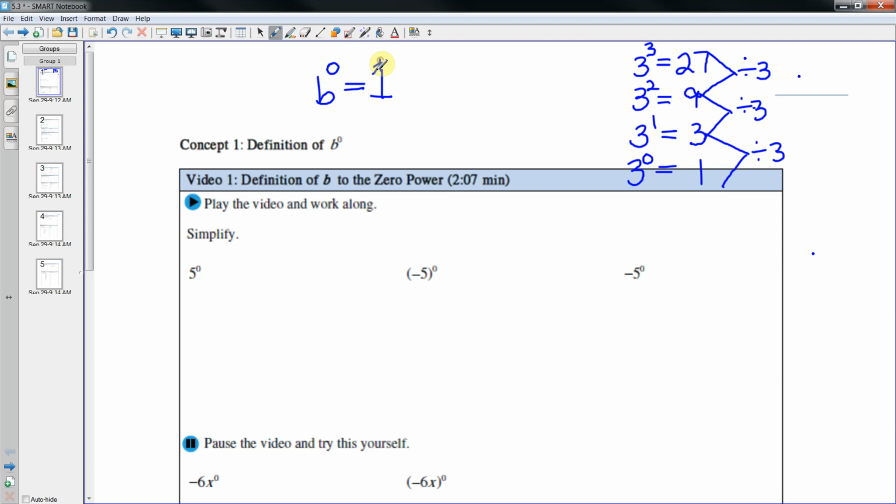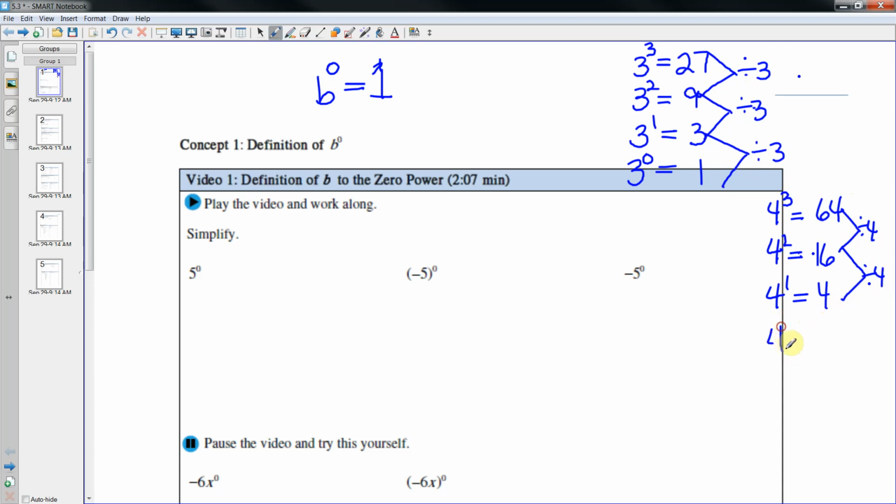So again, let's do 4 cubed. 4 cubed is 64. 4 squared is 16. 4 to the 1 is 4. Well, what you're ending up doing is dividing by the base. 64 divided by 4 is 16. 16 divided by 4 is 4.